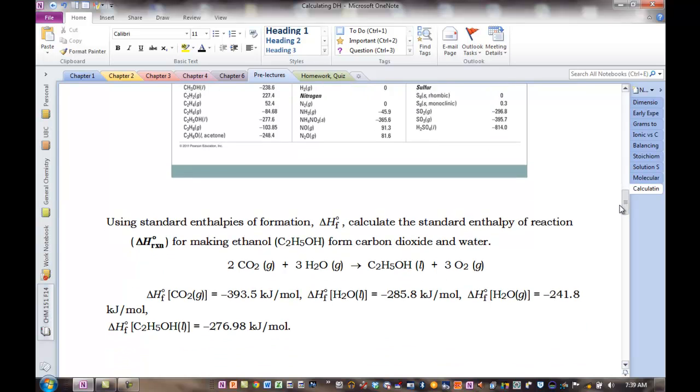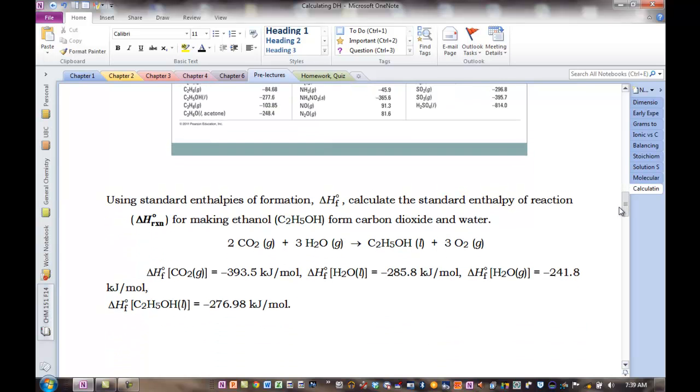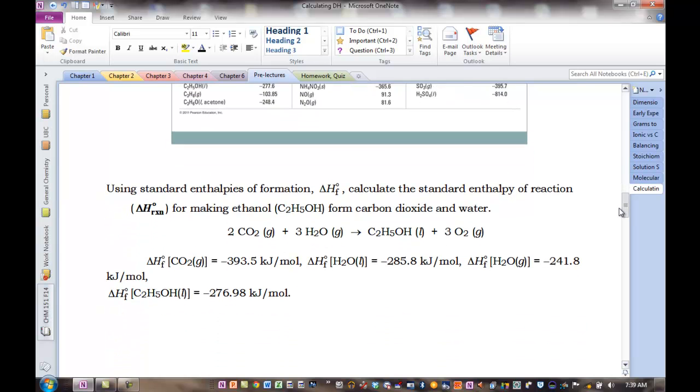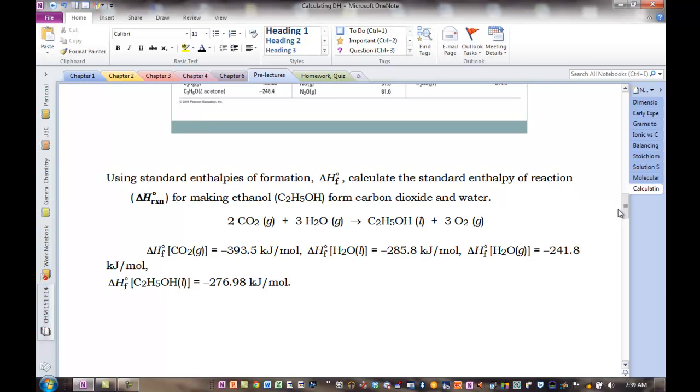All right. I apologize. I cut and pasted this from a problem that I had on an old exam. And for whatever reason, copying into OneNote, it didn't quite copy right, but for the most part. So use standard enthalpies of formation to calculate the enthalpy change for the reaction to make ethanol. There's your ethanol from carbon dioxide and water. All right, so there's your reaction.